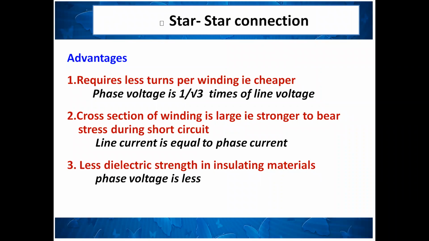But here the voltage is less, like in an 11 kV alternator, so your voltage is reduced by 1 by root 3, saving insulation material. Second, the star point is available for neutral grounding, so earth fault protection can easily be provided.